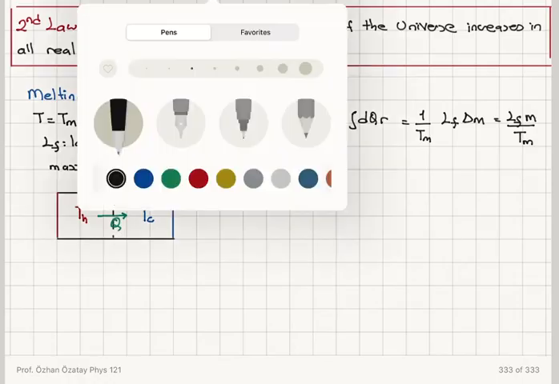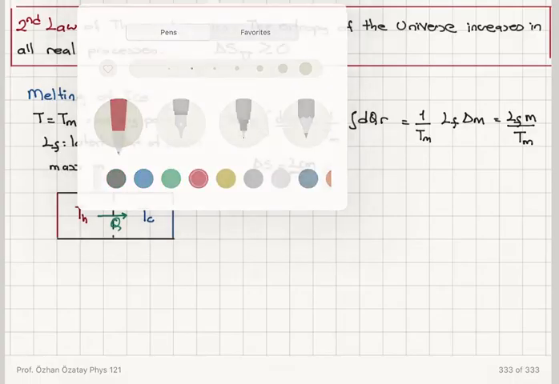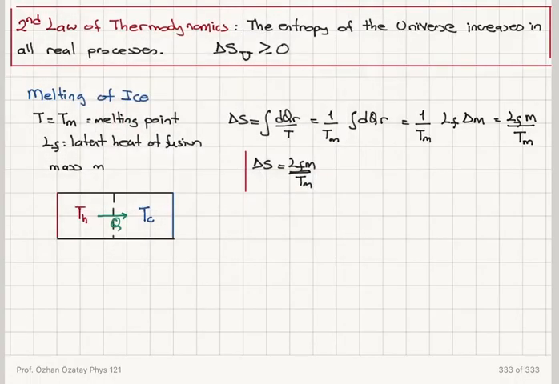So that's just one example. What did I calculate? I calculated the entropy change of the ice. So this is the entropy change of the ice in the melting process.